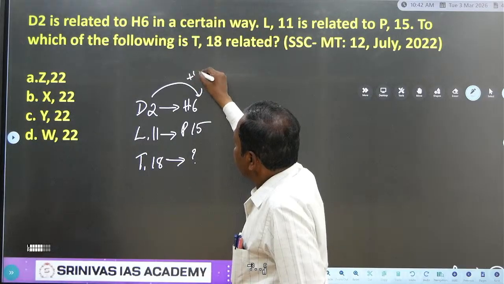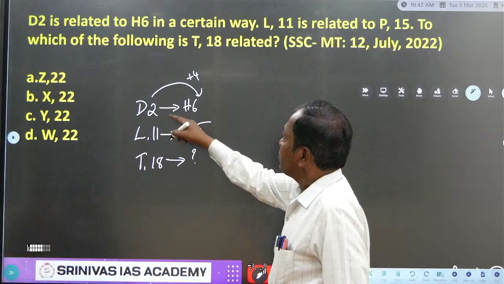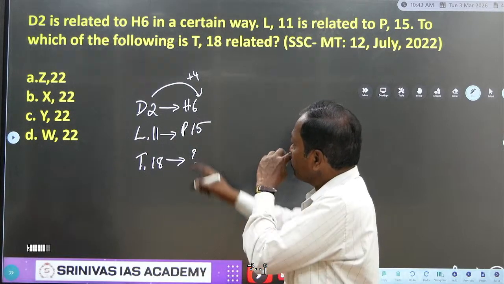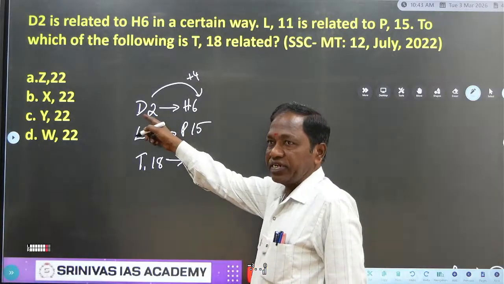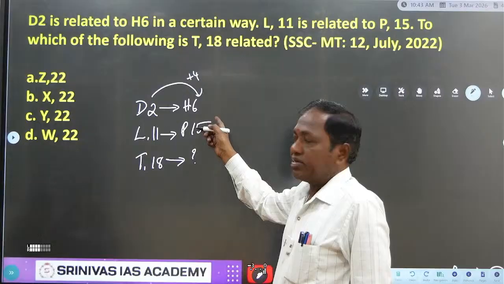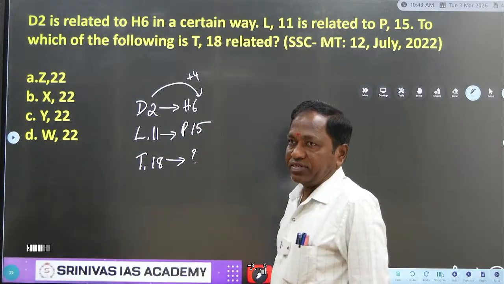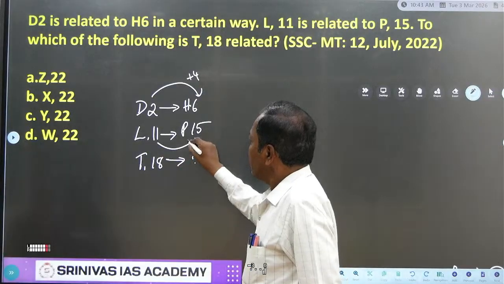Assuming that it is plus 4. D is the 4th letter, H is the 8th letter. 4 plus 4, 8. 2 plus 4, 6. I think that is very clear. And 11 plus 4, 15.